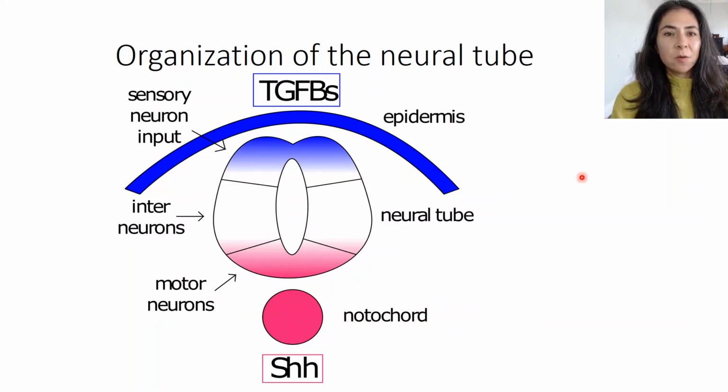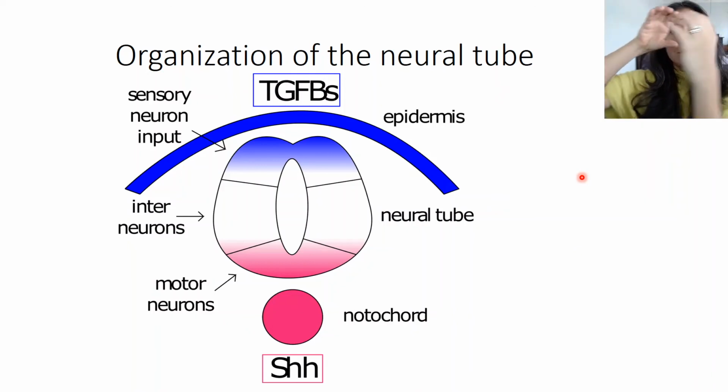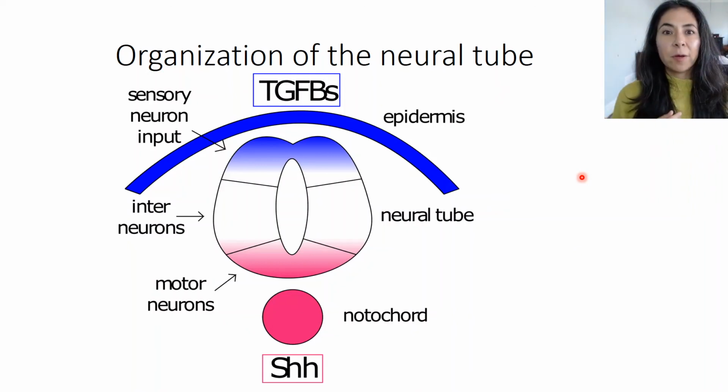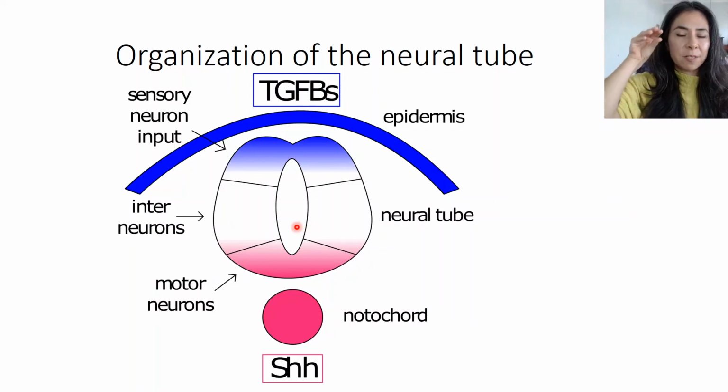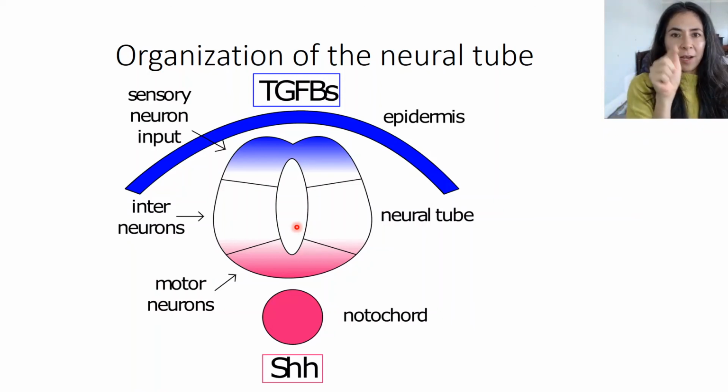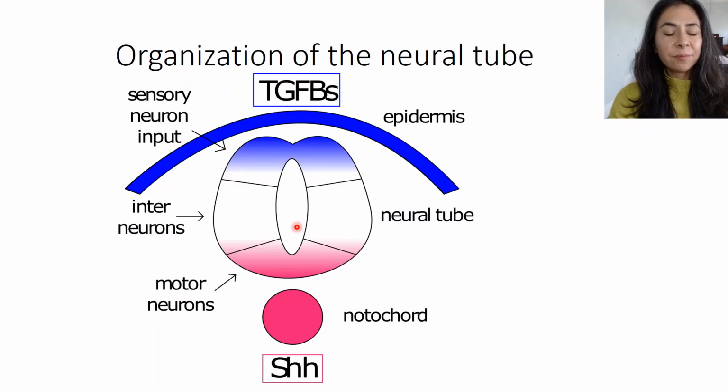So now instead of looking at the embryo like this, we've switched and sliced right through it. So we're looking down at the neural tube, which is going to become the spinal cord this direction, and right underneath it is the notochord. So where you have the notochord around, the notochord is secreting sonic hedgehog again. And if you're neural tissue and you receive high levels of sonic hedgehog signal, you become motor neurons.